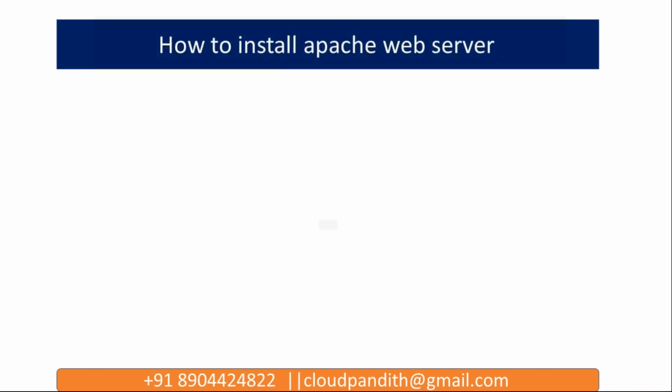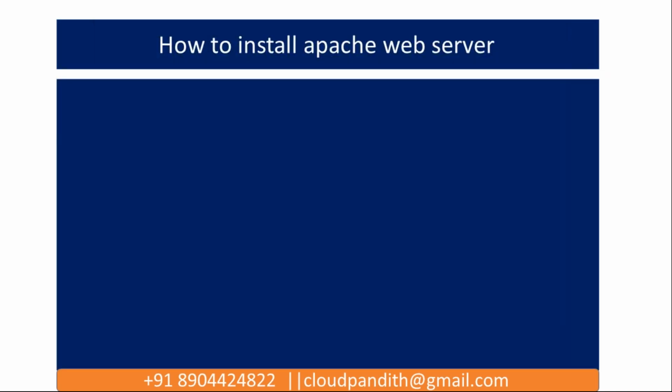Just before I move into the lab, I will show you some of the commands that we are going to use. First, when you connect to the Linux VM, you need to update all the services. That is just a suggestion; without updating also you can directly install your web server. To update the services which are currently running, you need to use yum update -y.